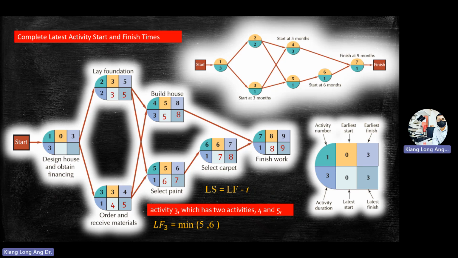So it's 3. Then here also the same. You have 2, right? So you have 3 and 4. Choose 3. So 0. So forward and backward, they have their own hidden rules. Forward, choose maximum. If you have 2 numbers, this one you choose minimum.